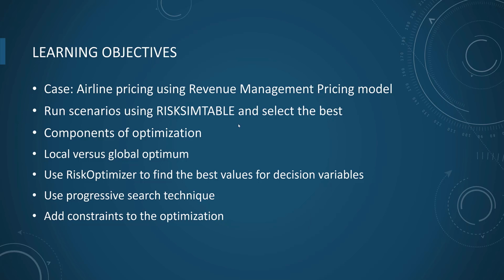RiskSimTable maybe is okay if you have one or two decision variables, but if you have 5 or 6 decision variables, it becomes really cumbersome. So @RISK offers you an optimizer to do this.